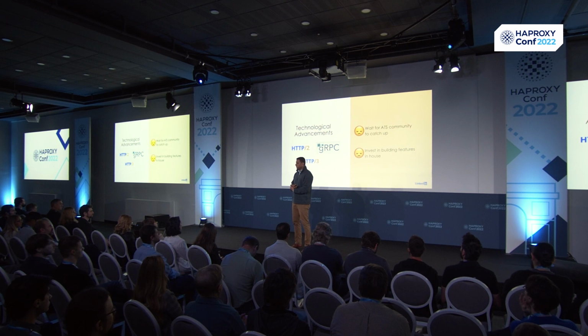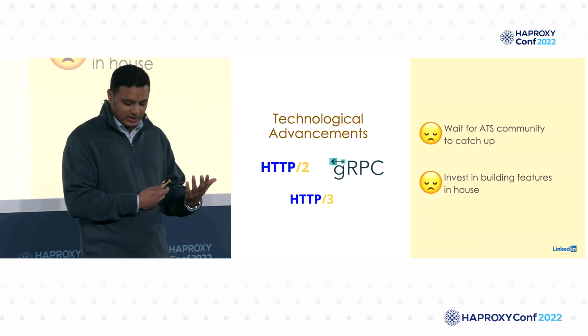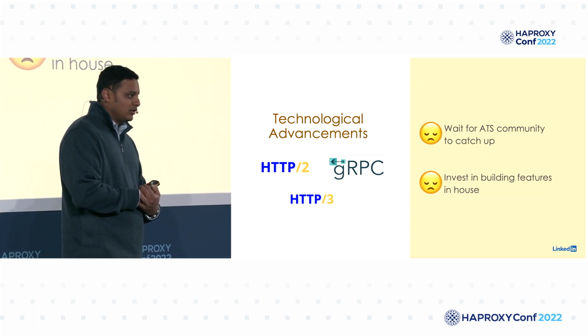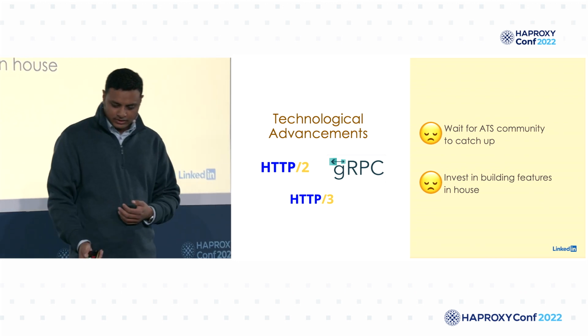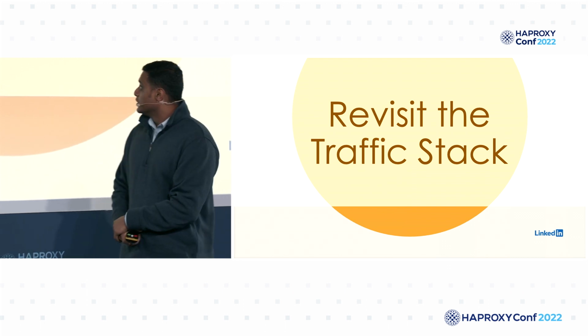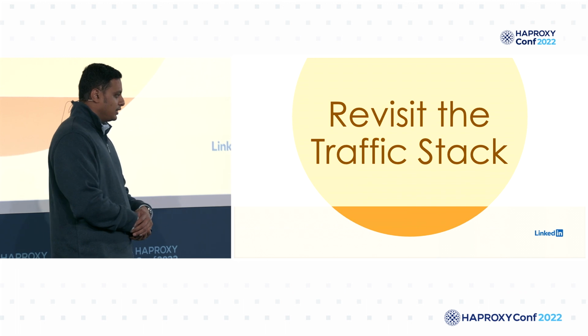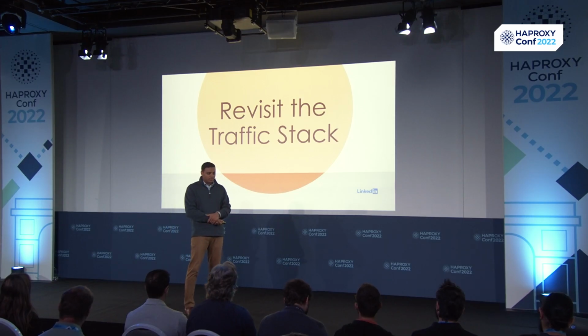It would have a very long timeline. So as a result, our traffic infrastructure can soon become a bottleneck for developing the next generation of applications at LinkedIn. So due to all these limitations, we've decided to redesign our traffic stack around an alternative reverse proxy.